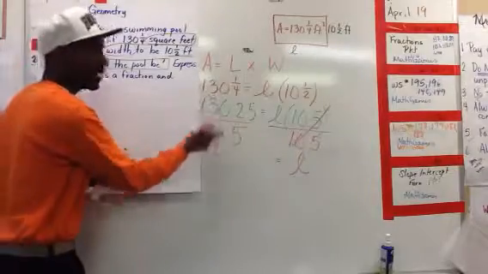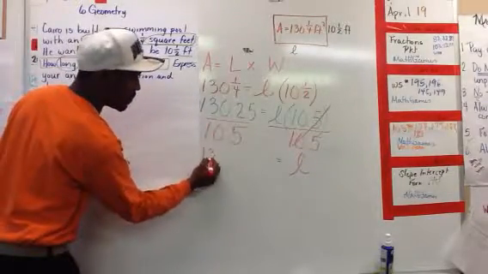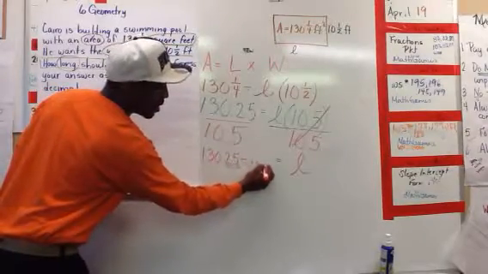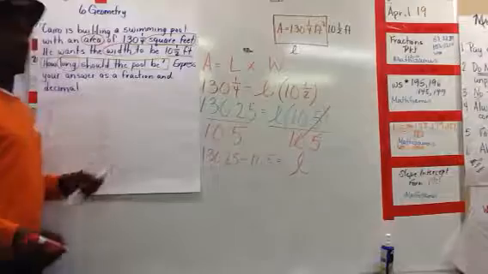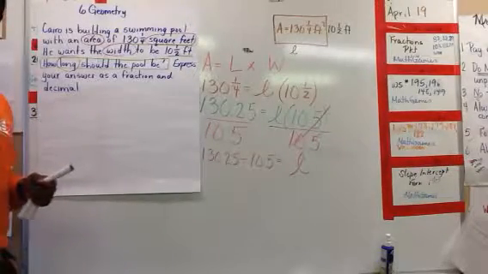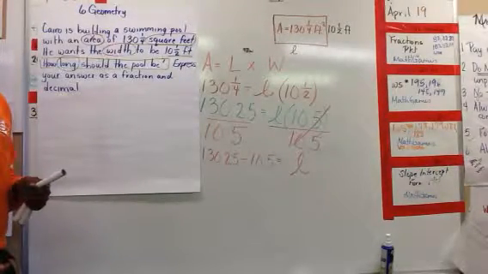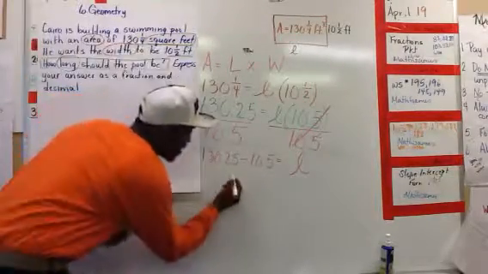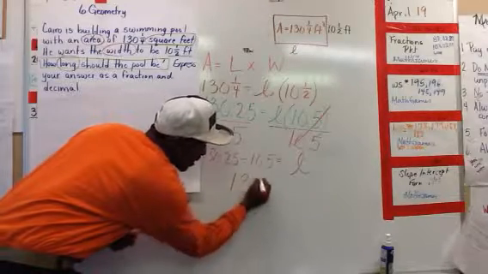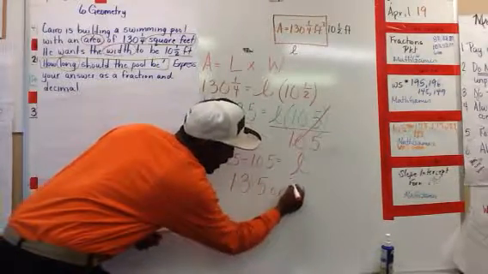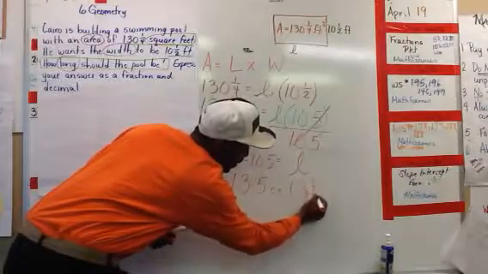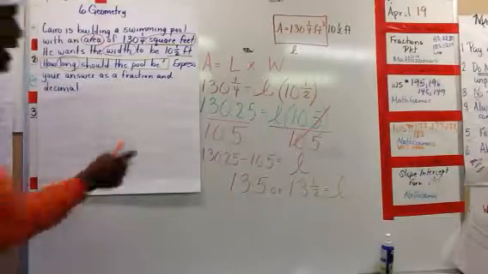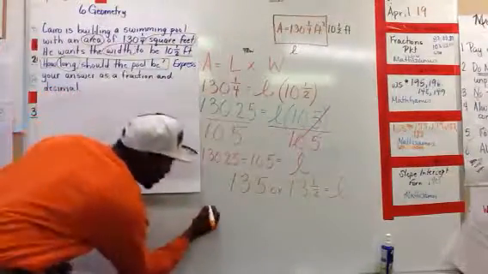On this side, I'm left with 130.25 divided by 10.5. And what do I get? 12.5. 12.5 equals L.